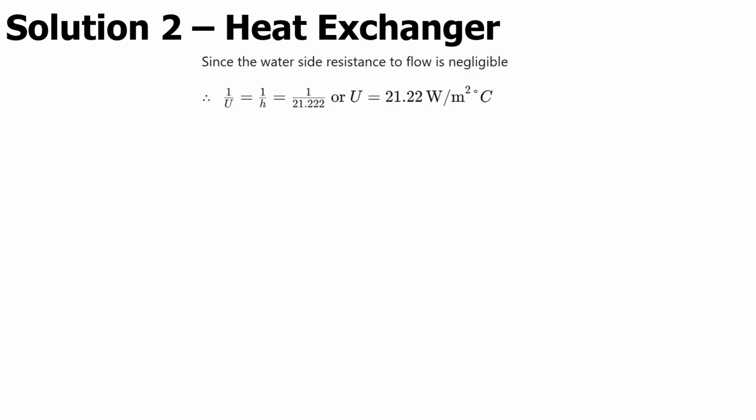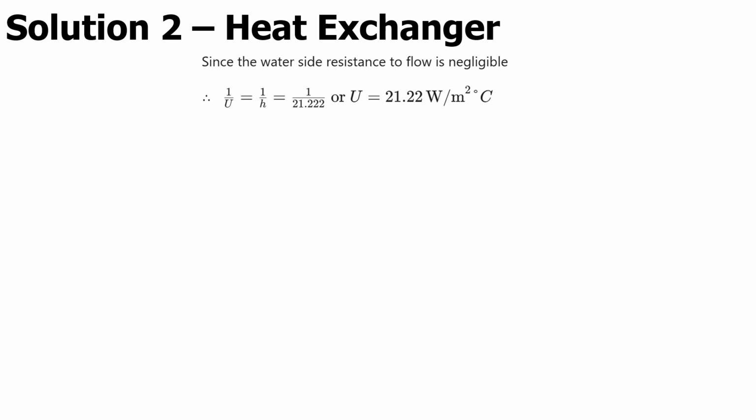Now, since the water side resistance to flow is negligible, the overall heat transfer coefficient U is approximately equal to the convective heat transfer coefficient h we just calculated. So U equals 21.22 watts per square meter degree Celsius.